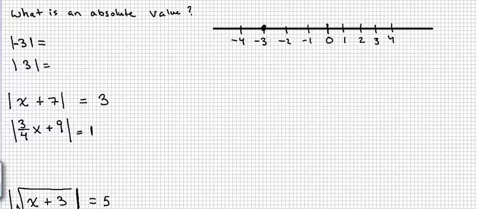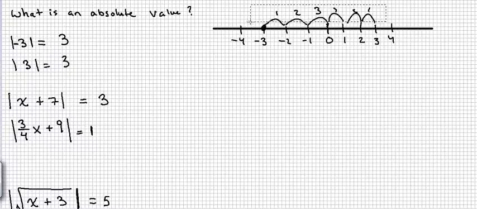And if I was to count its spots away from 0, that'd be 1, 2, 3. So the absolute value of negative 3 is equal to 3. And 3 is 1, 2, 3. So the absolute value of 3 is also 3.